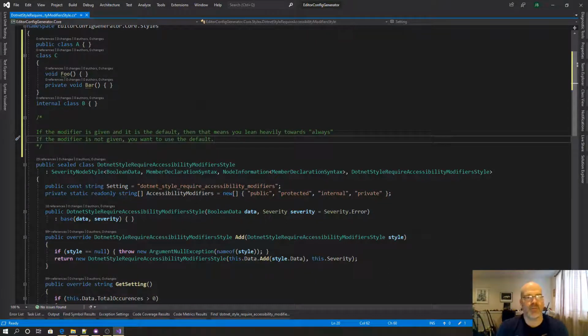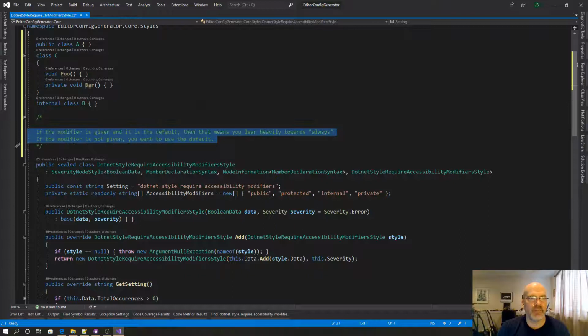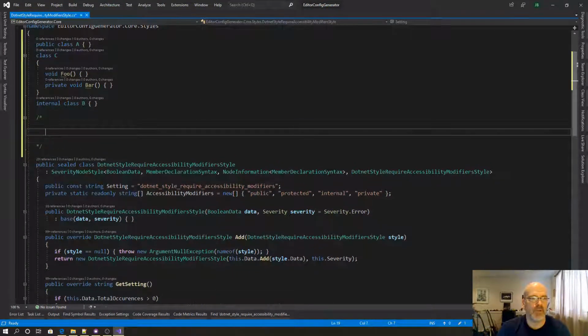Yeah, so what did I just say? If you put the modifier in and it is the default, it means you like... what's this called?